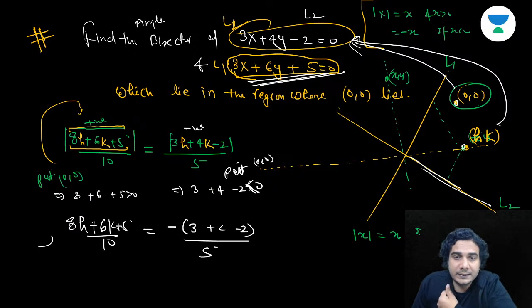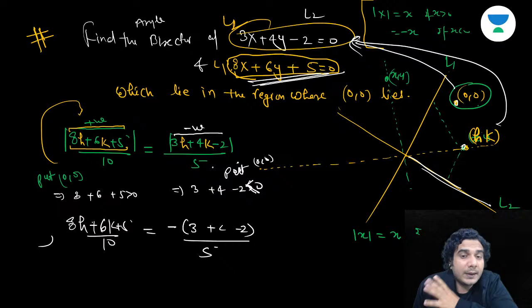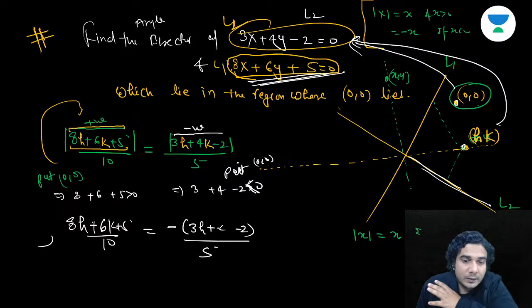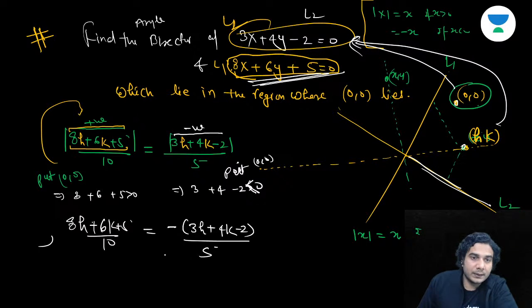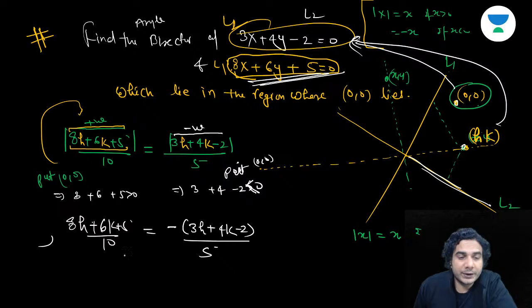This is negative, so I can remove mod with a negative sign. So now I'm putting a negative sign in this expression. Okay, so this was the logic. Now you repeat this same question.